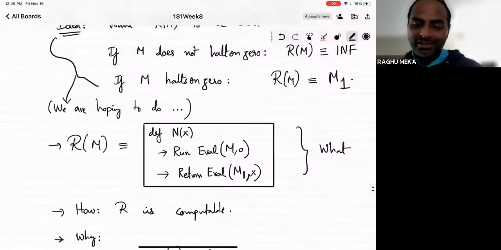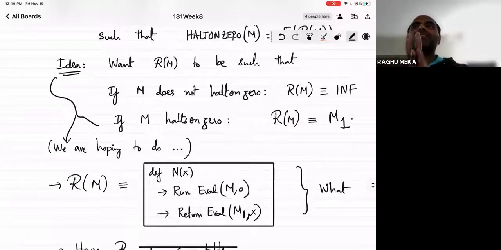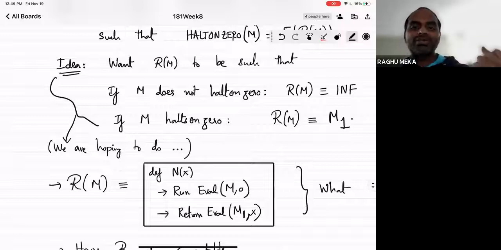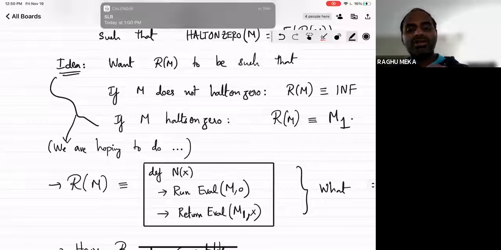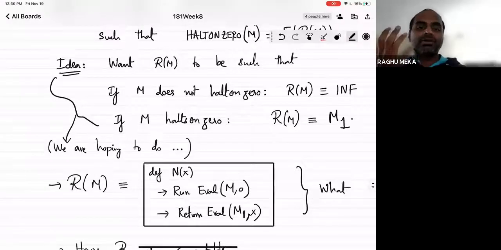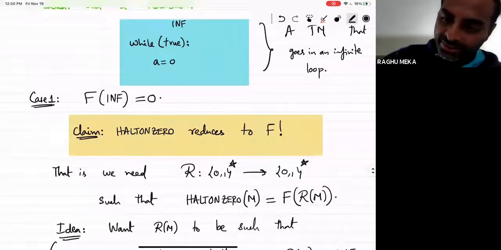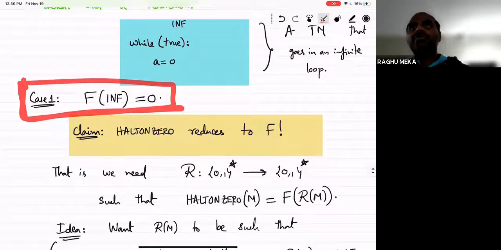Like it's a little sort of mind bending, but basically what you're trying to do is kind of exploit this dichotomy, right? I give you a program M and I ask you to check whether M halts on 0. Now I spit out a new program which has two behaviors. When M halts on 0, its behavior is identical to M1. When it does not halt, you just get an infinite loop. Okay. And there's one more, we assume that F of inf is 0.